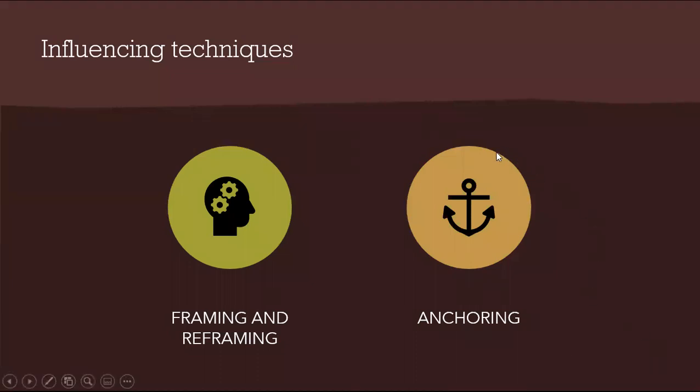Anchoring, on the other hand, is a technique where you make an impression of setting a price or a target. During the discussion, you are repeatedly referring to that anchor. You see that the anchor is used in the ship, and it makes the ship stop.